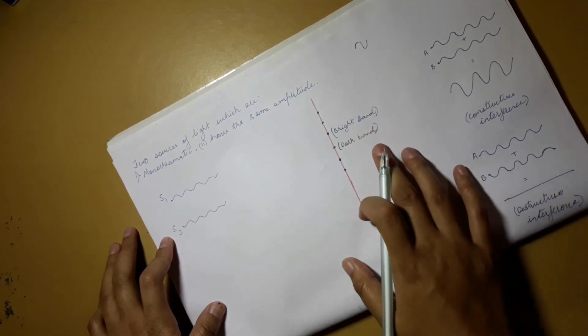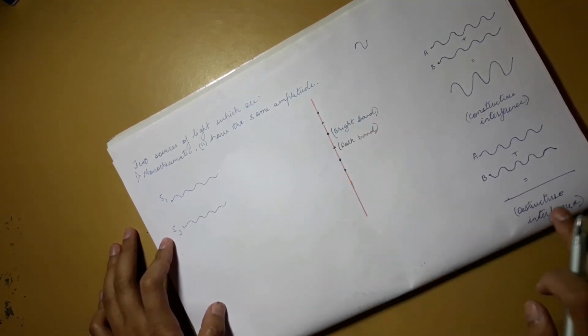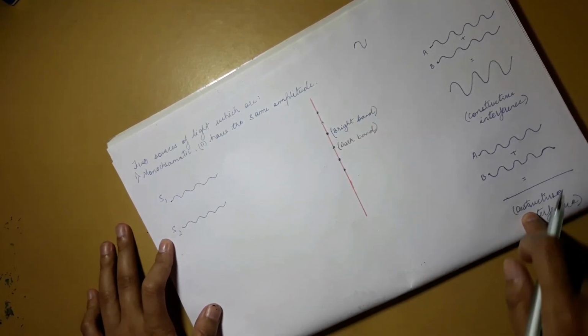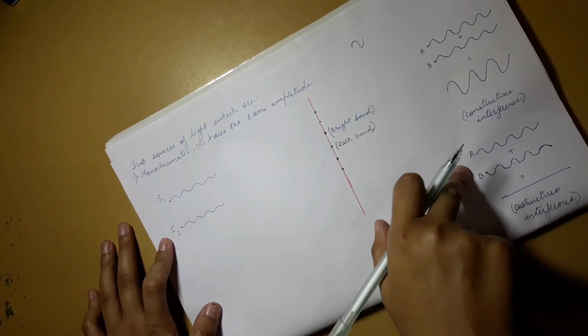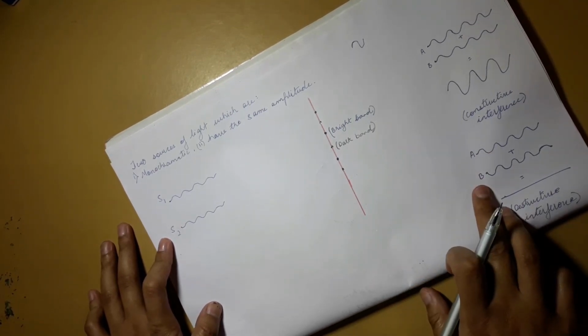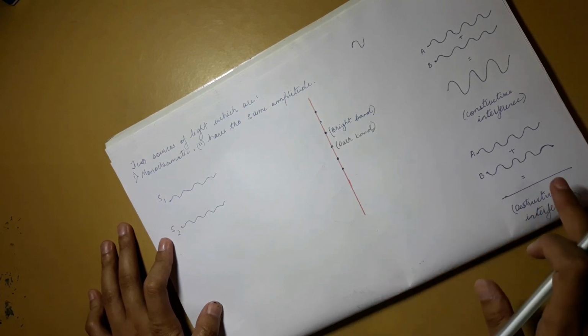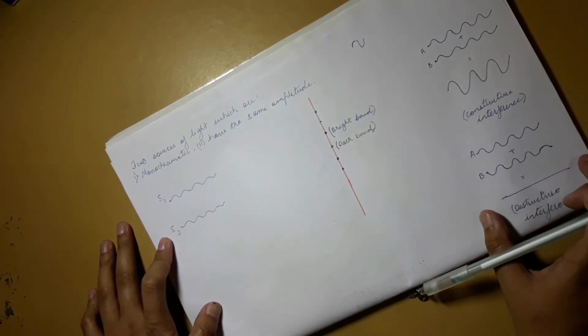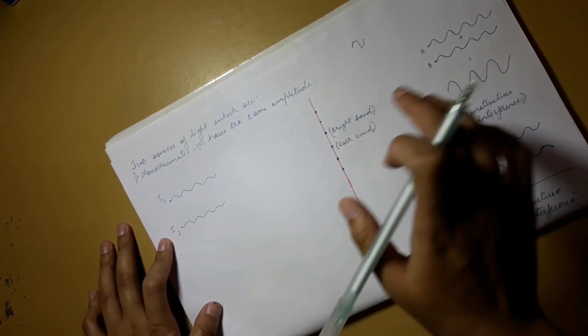And the dark fringes occur due to destructive interference because the crest of one wave falls on the trough of the other wave, and because they cancel each other out, we don't get any resultant wave, and hence you will get a dark band.